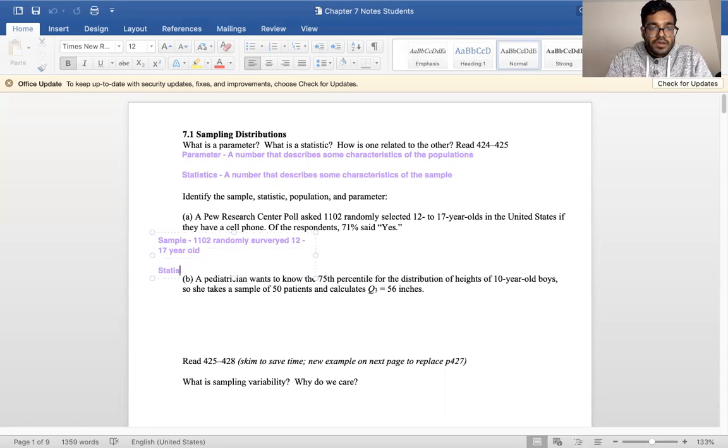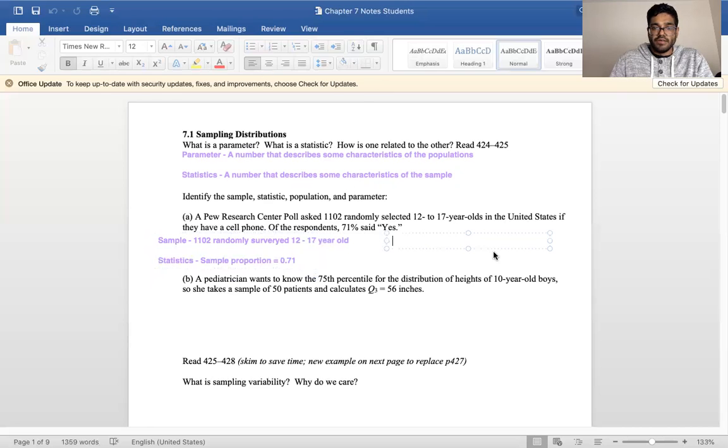Statistic is the sample proportion that we find. So that's 0.71, or 71%, that said yes.